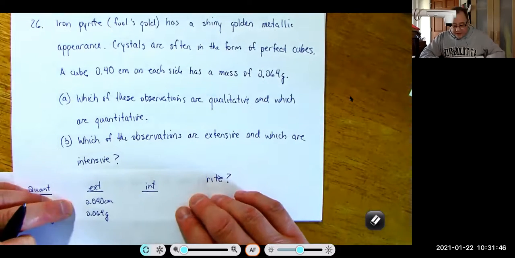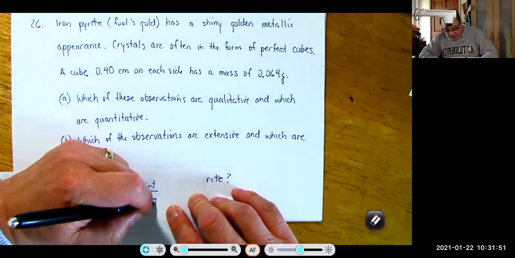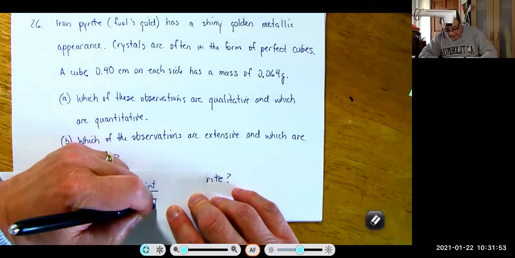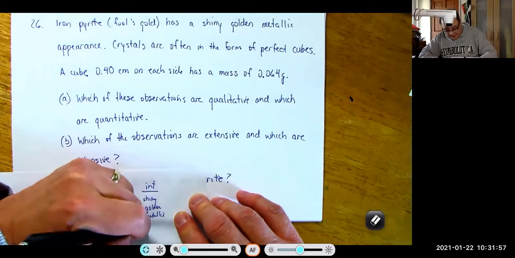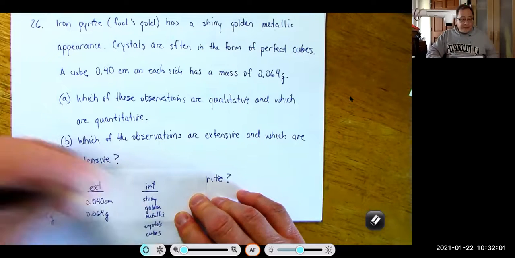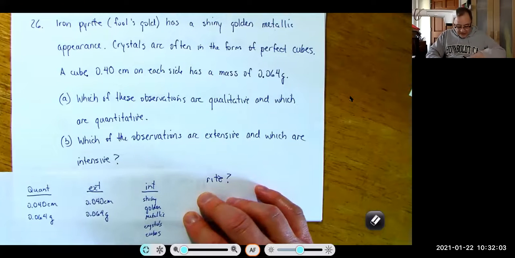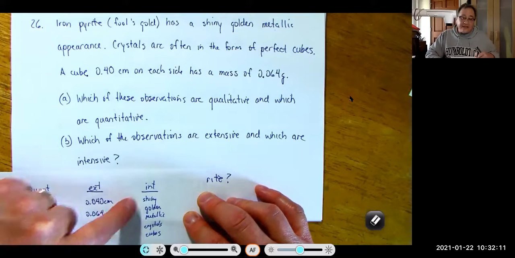So what things do not depend on how much you have? And the answer is shiny, golden, metallic, crystals, and cubes. So you can see that when you look at extensive versus intensive, usually the quantitative and the extensive match, and the qualitative and the intensive match.